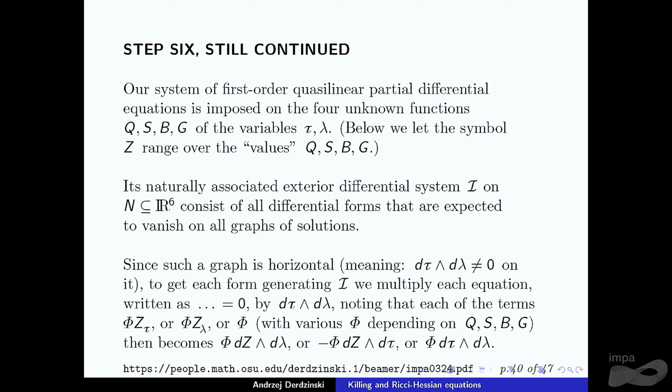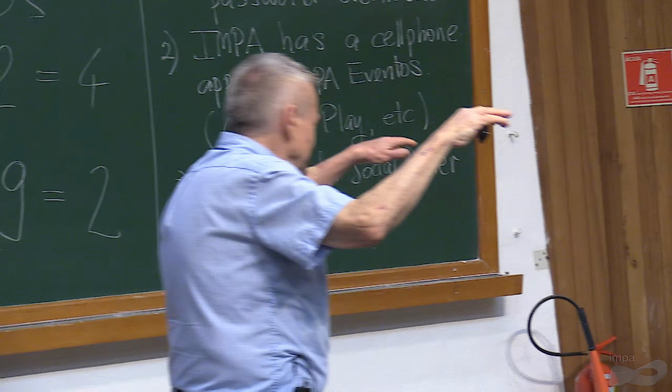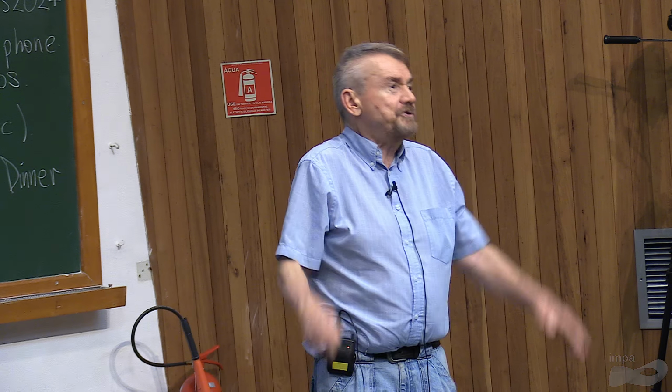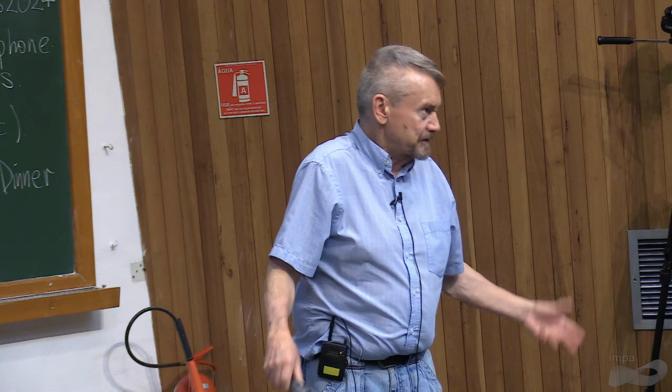So in other words, I multiply, for instance, this is stated here, right, very obvious way. If I take a term phi z sub t, z is one of those four functions, or phi z sub lambda, that becomes, when you multiply by d tau wedge d lambda, phi dz wedge d lambda, or minus phi dz wedge dt. Or if it's a phi without any partial derivatives next to it, it becomes this. So suddenly you have as many forms as there are equations. You have 6 equations, you get 6 differential forms, and you generate a d-closed ideal by those forms.